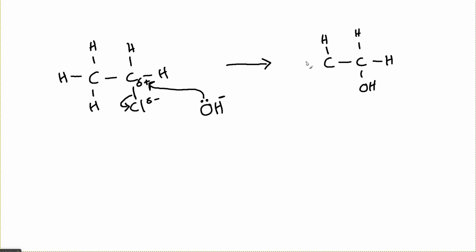So we've got an OH group on there, and of course we'll get our chloride ion. So that is the reaction mechanism. So the first real reaction we've got here is refluxing a halogenoalkane with hydroxide ions. Usually use something like sodium hydroxide to give you hydroxide ions, and you will form an alcohol.